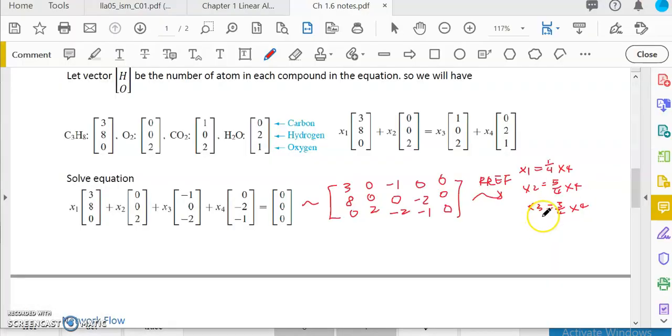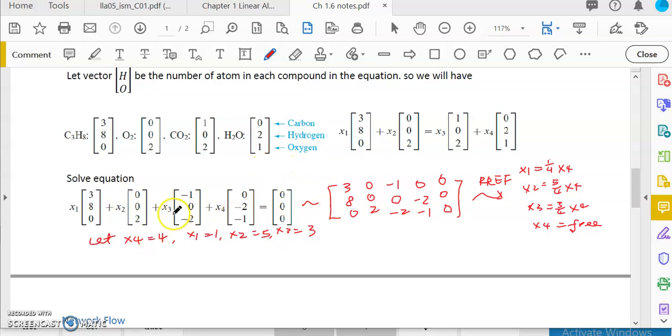And x4 is free. For the least integer, if we let x4 equal to 4, then we would have x1 equal to 1, x2 equal to 5, and x3 equal to 3.